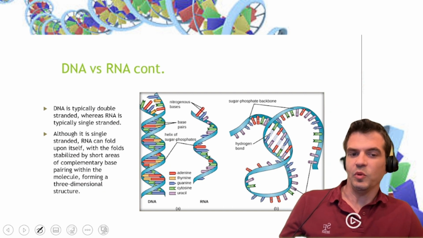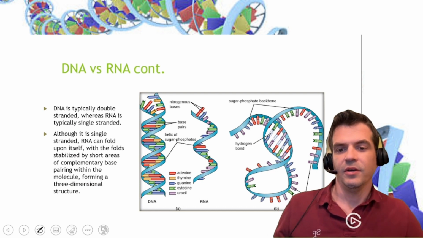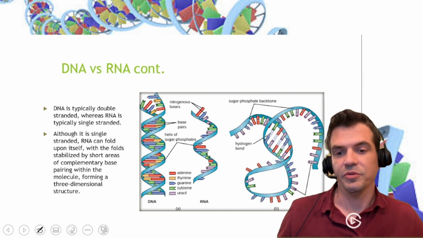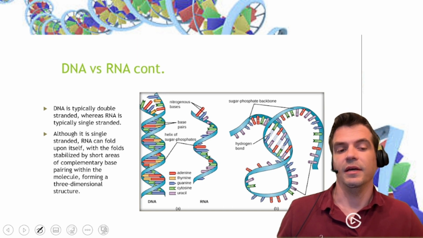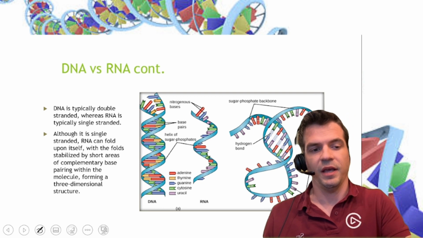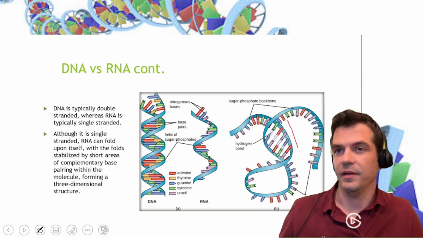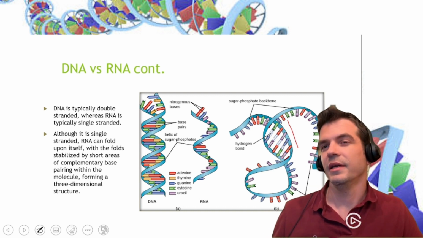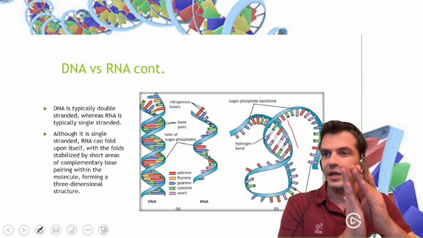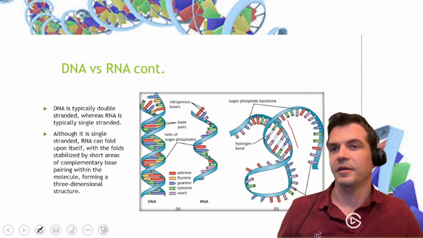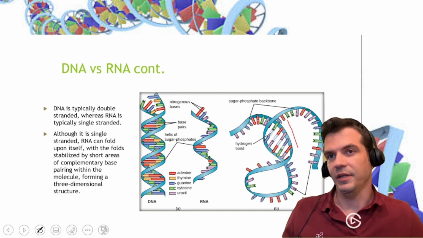All right, going a little more in depth, diving head on. DNA is typically double-stranded. RNA is typically single-stranded, but it can form hydrogen bonds with itself and temporarily form these hairpin structures, we call them, with complementary base pairs. But they weren't designed to line up like in DNA necessarily.